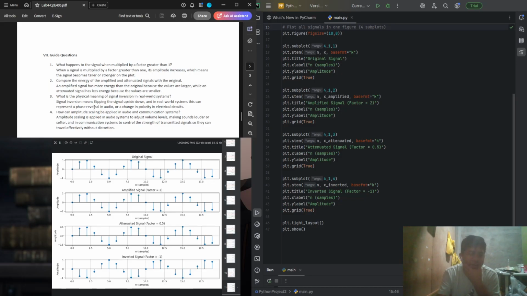In guide question 4, how can amplitude scaling be applied in audio and communication systems? Volume levels. When we increase, the audio output goes louder, and when we decrease the volume, the output becomes harder to hear.